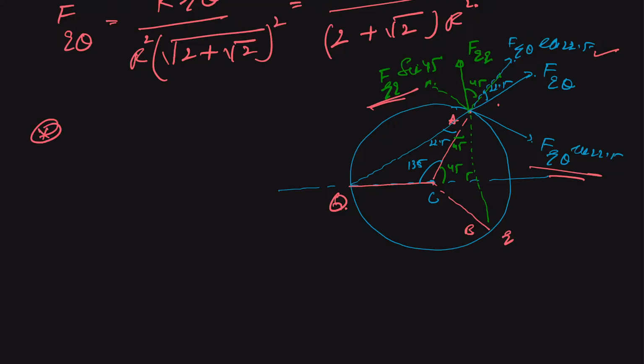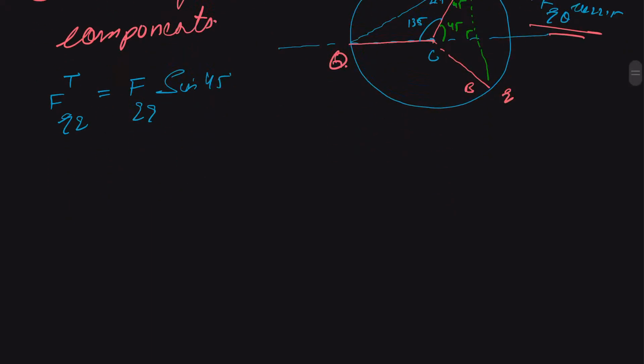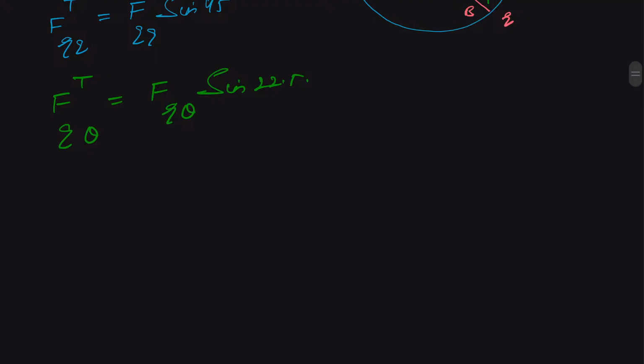Therefore, we can write that the tangential component, the first one is our F small qq tangential, and that is our F qq sine of 45, and we have the second tangential component, that is equal to F q capital Q sine of 22.5, and at equilibrium these two must be equal.